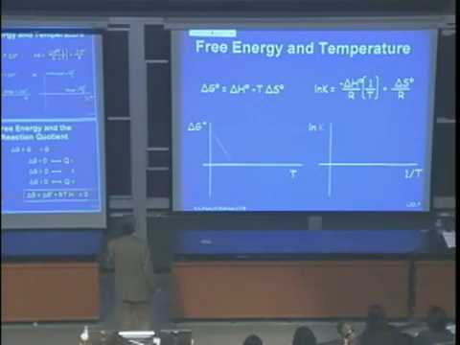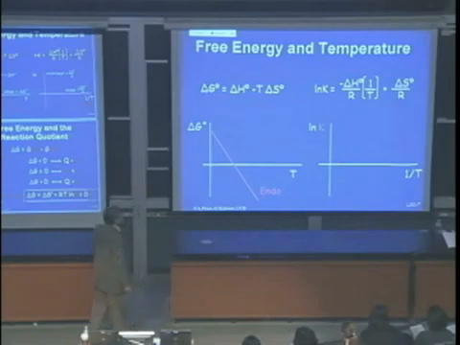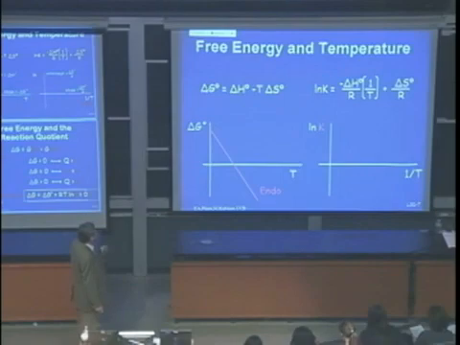So if I have, would it be endothermic? Well, it says right there. It says endothermic. That means that the slope is minus delta S. Is that right? The slope is minus delta S. And delta H would be positive. That would be the intercept.